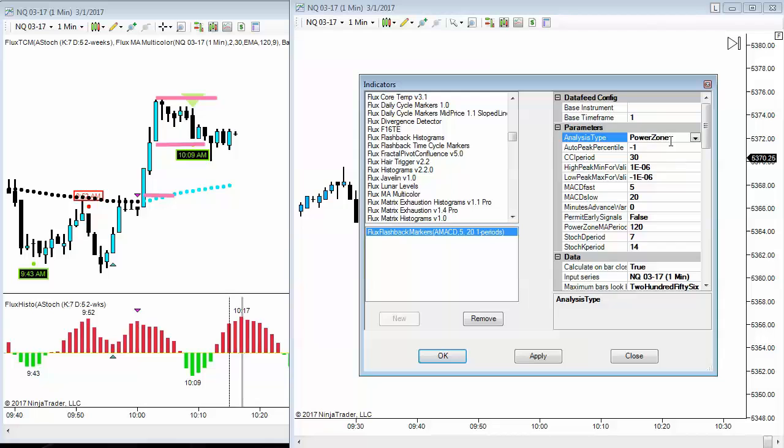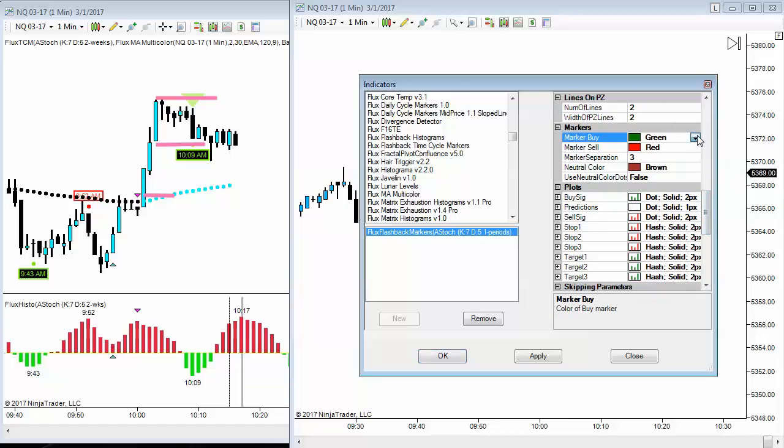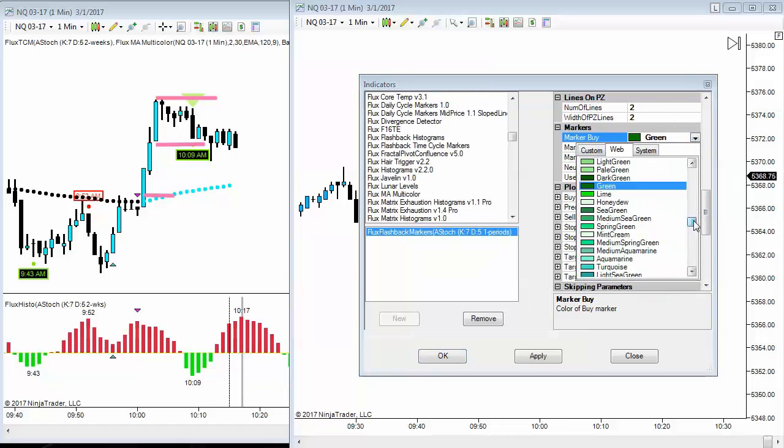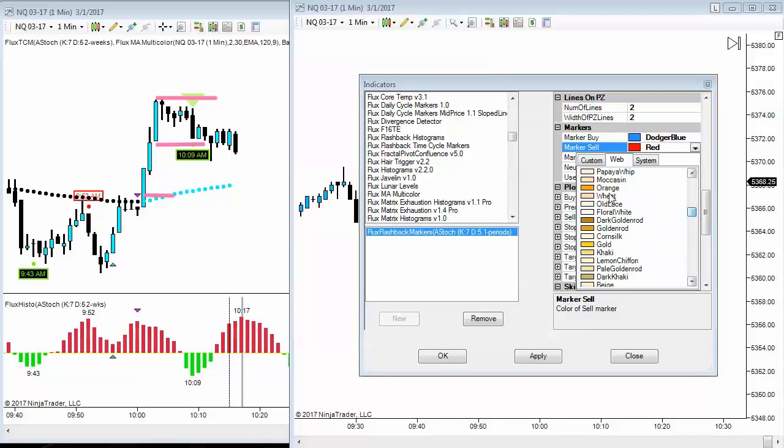I'm going to use the same stochastic filter, and I'm going to start with the same stochastic settings just to be one-to-one, apples to apples, oranges to oranges in this market. And we're going to get the same color dots. Actually, you know what? Let's change them. We'll make the buying pressure dots blue. We'll make the selling pressure dots orange.